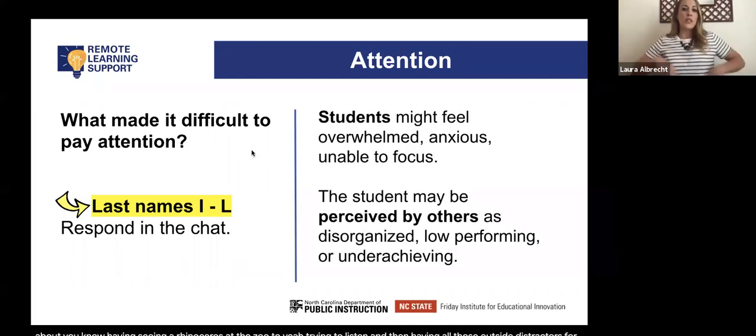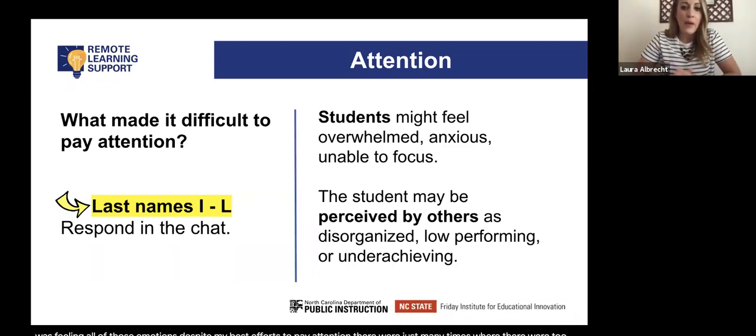So as a student who struggles with attention, they might feel overwhelmed, anxious, unable to focus. I know for myself, I was feeling all of those emotions. Despite my best efforts to pay attention, there were just many times where there were too many distractors going on.